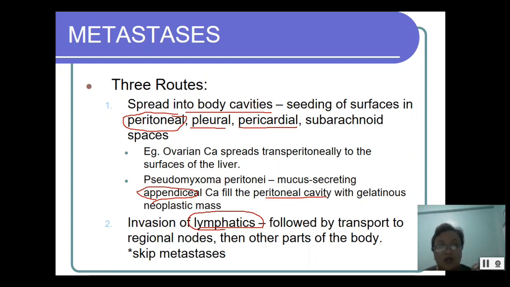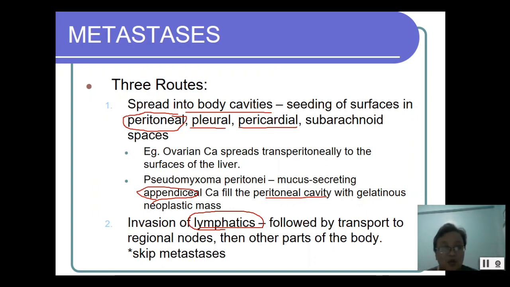So, pag yung ovary, may tumor doon, madali siyang pupunta sa liver, pupunta siya sa colon, sa large intestine. So, ang dali lang niyang kumalat kasi iisang compound sila, kumbaga, no? Isang cavity sila, magkakasama sila doon.